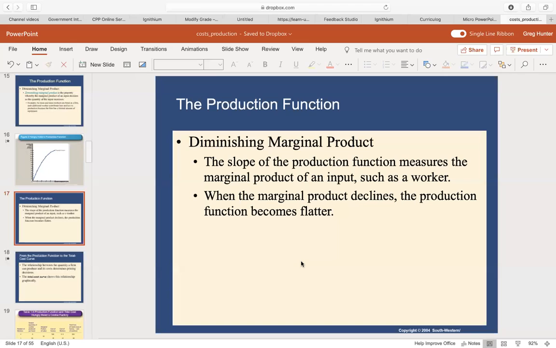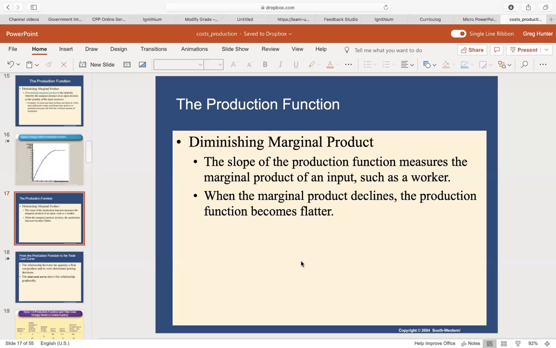Eventually, each additional worker is going to create additional crowding. They won't have enough room, maybe all the tools and equipment they need to work with. Those factors are fixed while she adds some other factor to it, the variable factor.